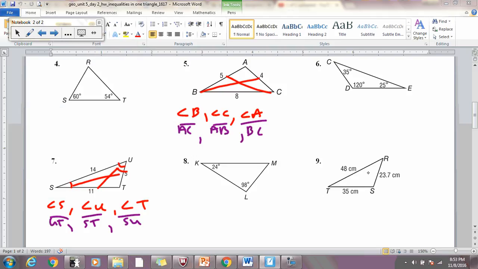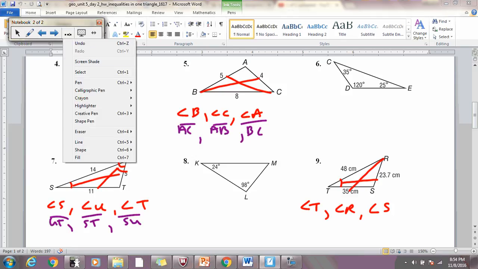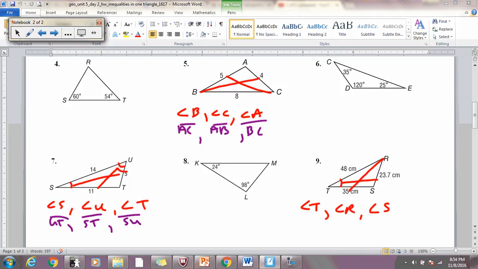And number 9, the smallest angle would be angle T. Next smallest would be angle R. And the last one would be angle S. So the shortest side is RS. Next shortest is TS. And the last one is TR.